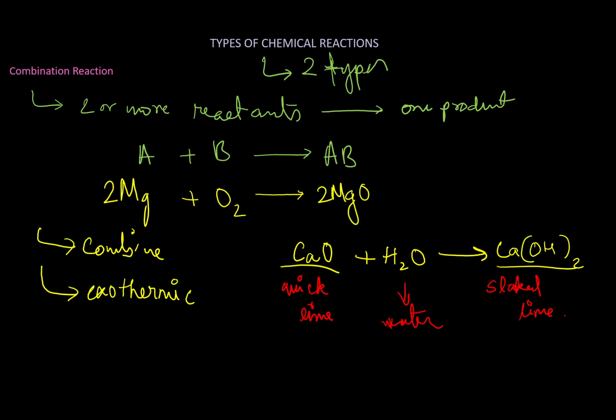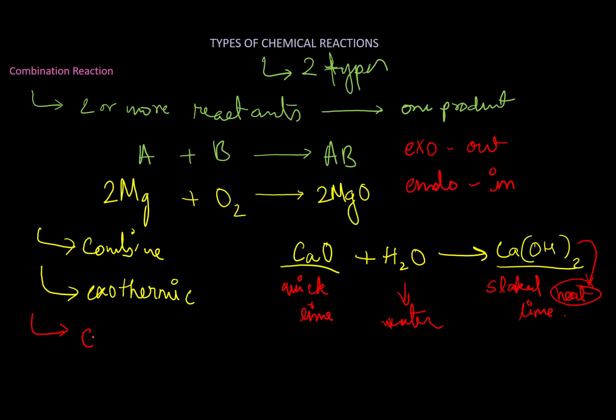Now here what happens is, after this reaction, there is a lot of heat forming. When heat comes out or is produced, it is known as exothermic. Thermic is heat. So exo means out and endo means in. Endothermic means it takes heat in, and exothermic means that it gives heat out. So I'll write them down properly.